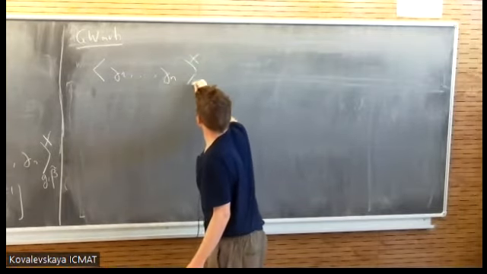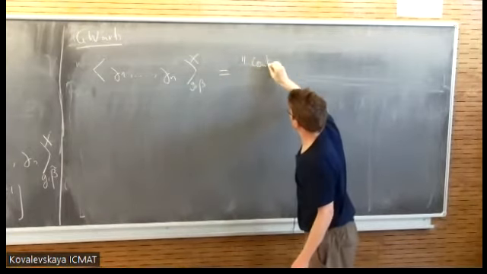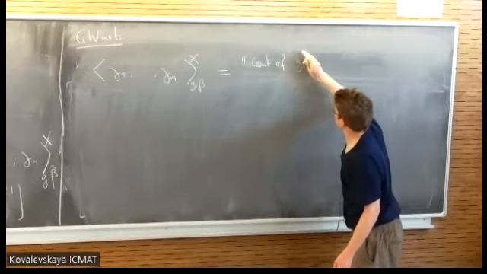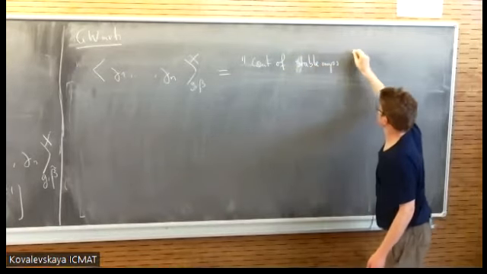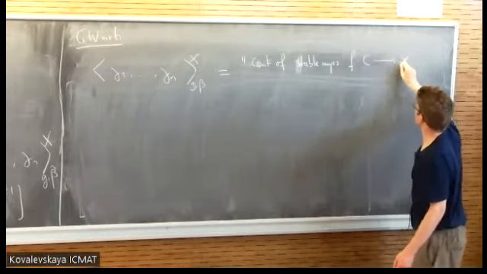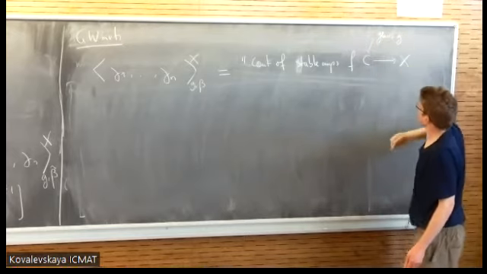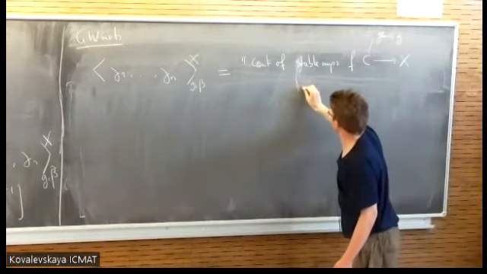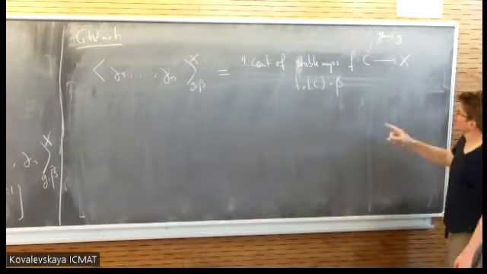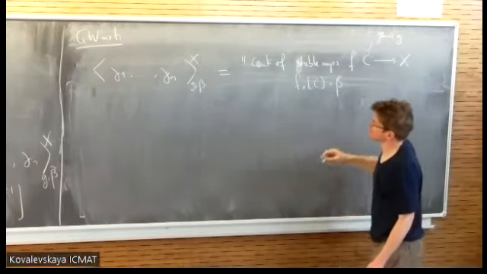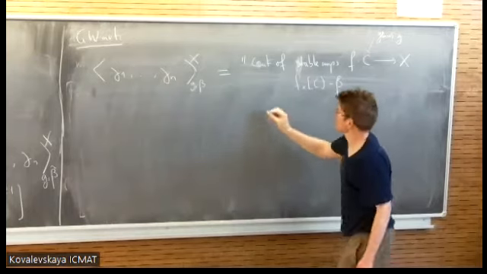Naively, what to think about is this is a count of genus g maps, of stable maps, from the curve C to your target variety X, where C is of genus g. The push forward of this curve class is beta. And then this map is incident to cycles Poincare dual to gamma 1 to gamma n.